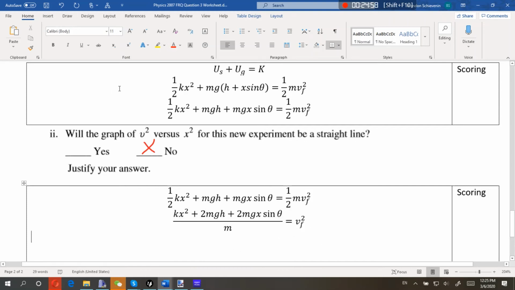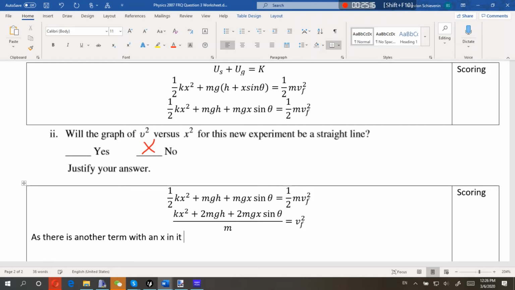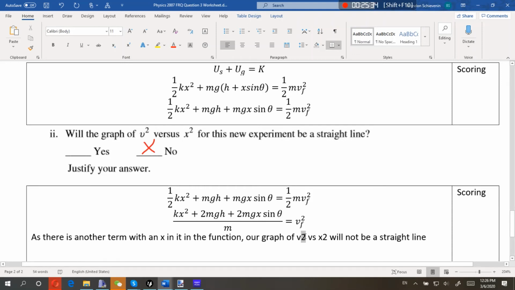Okay, so I can say something like: as there is another term with an x in it in the function, our graph of v squared versus x squared will not be a straight line.